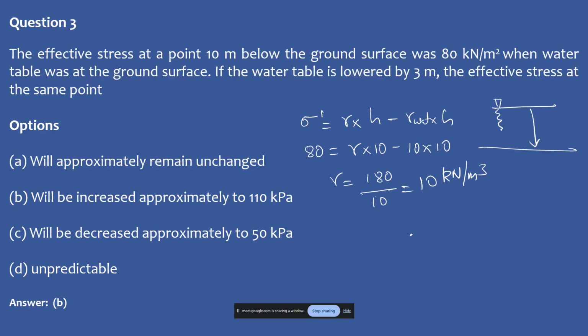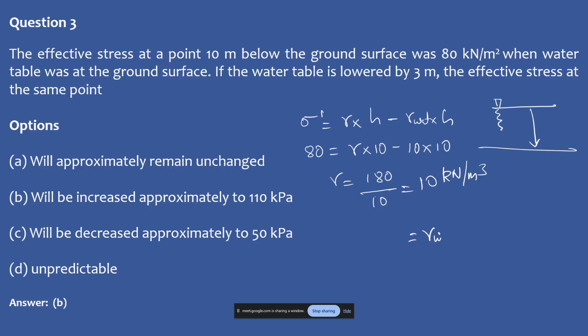Since the water table is lowered by 3 meter, there will be a rise in the density of the soil. So at what factor will your effective stress get increased? That will be by gamma water into delta H.